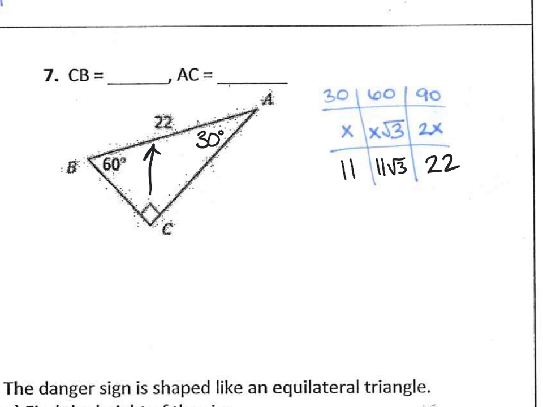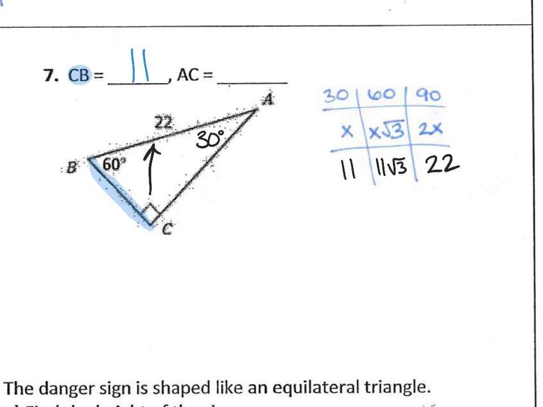Now to answer the actual questions, this one says I want to find CB, which is this little section right here. How long is CB? CB is the side length across from what angle? It's across from the 30, so I look at the 30 column. How long is it? 11.